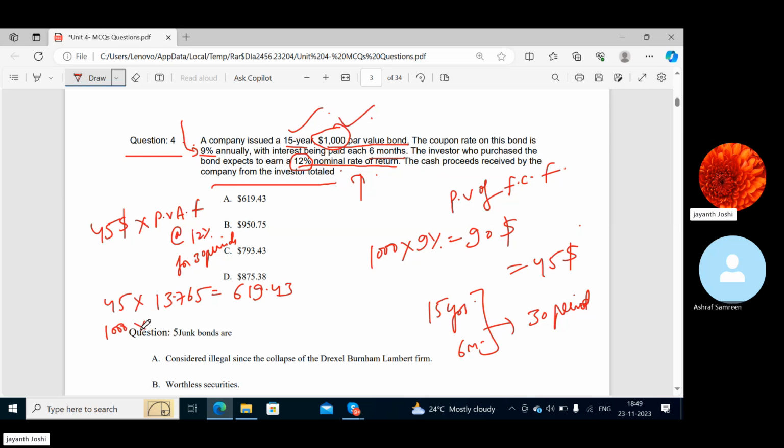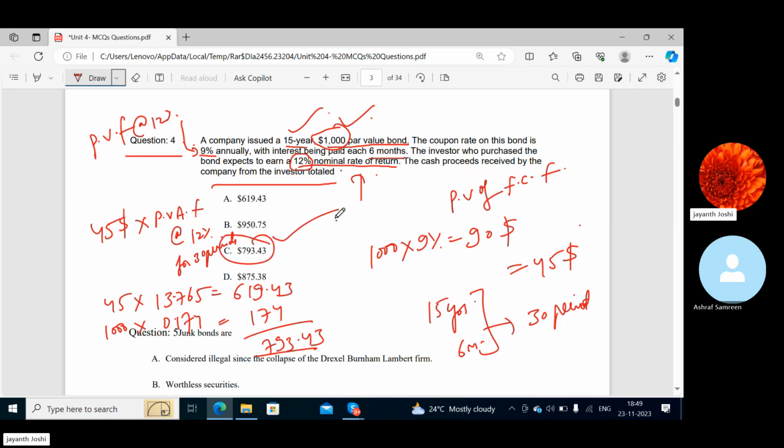So 1000 for the 30th period, the present value factor at the rate of 12% will be 0.174. You need to multiply this, and when you add these two, you'll get 793.43. That's your bond price. Okay, just make a note of this.